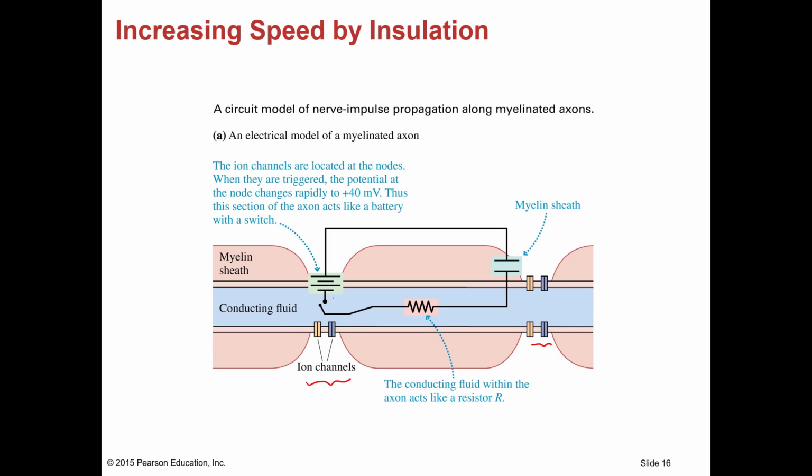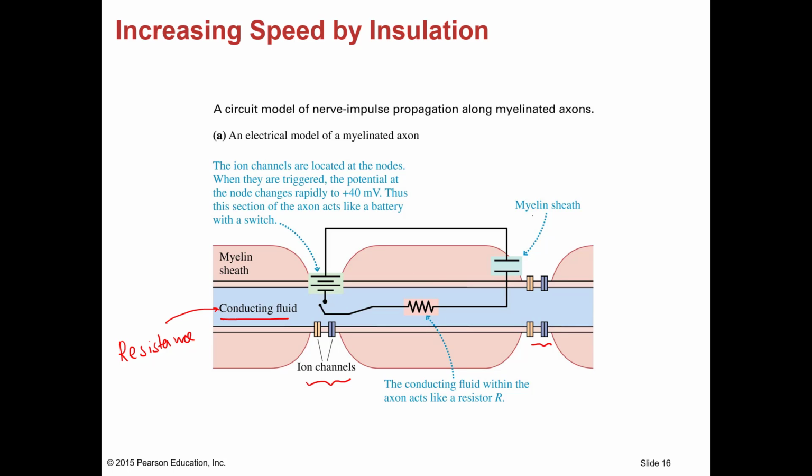And the inner part of the axon has conducting fluid, and the conducting fluid offers some resistance to the movement of ions. So we can model the conducting fluid as resistors. We can consider that part to be a resistor.